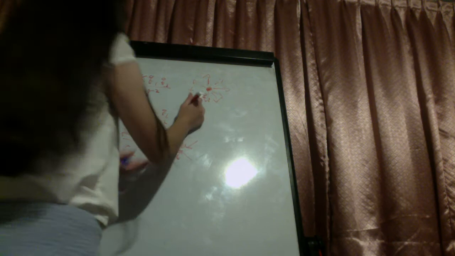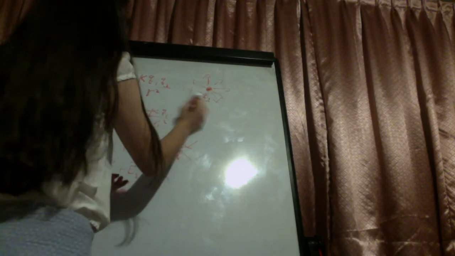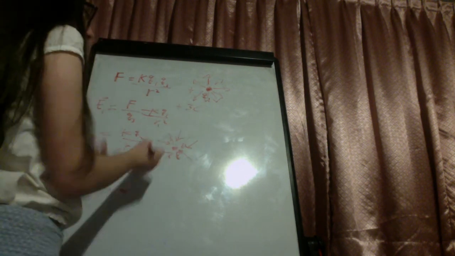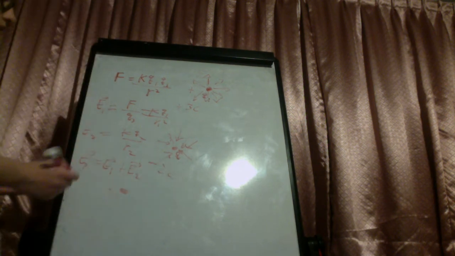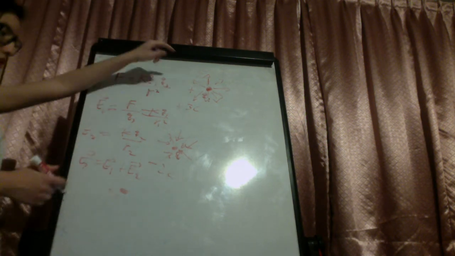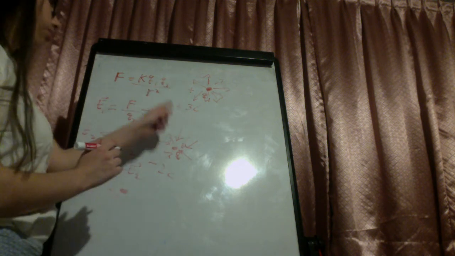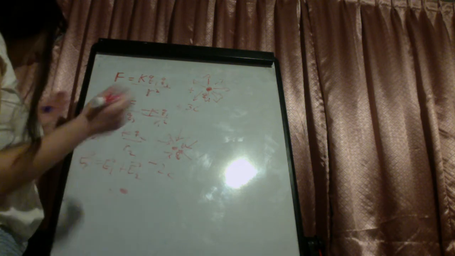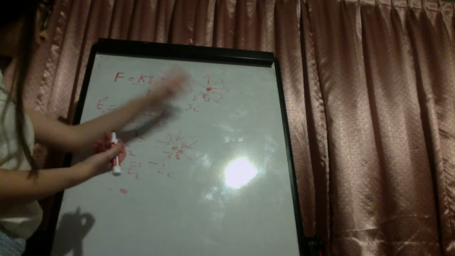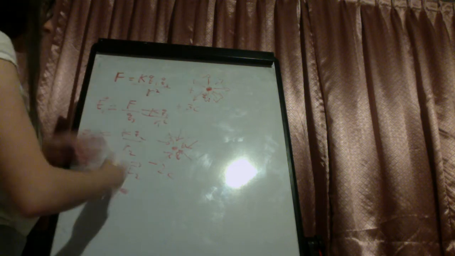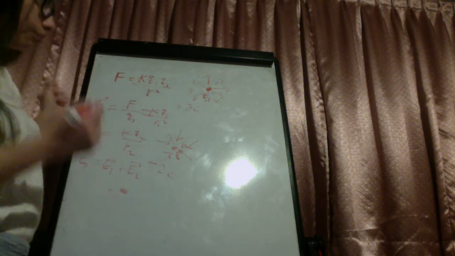For example, if this has plus 3 coulombs and this negative 2 coulombs, this would behave as if there were just one charge with 1 coulomb, and then the electric field would be the constant times 1 coulomb divided by the distance squared, but this distance is far away compared to the distance between these.